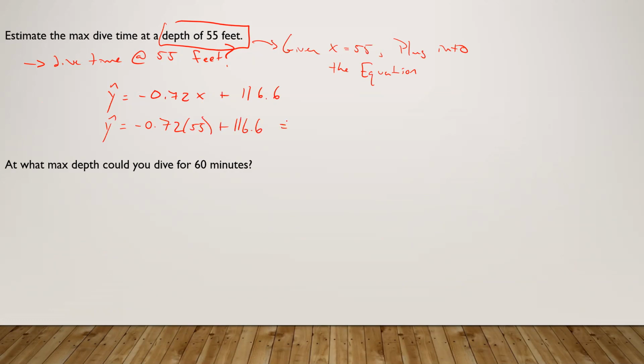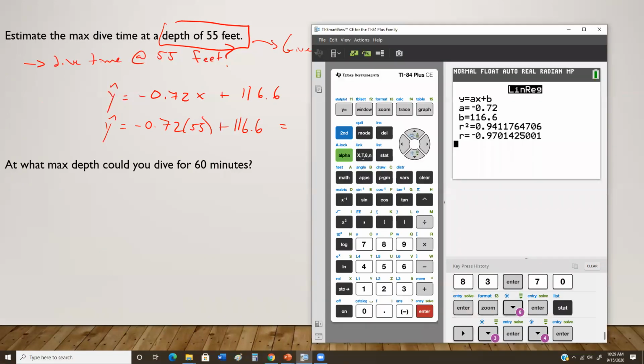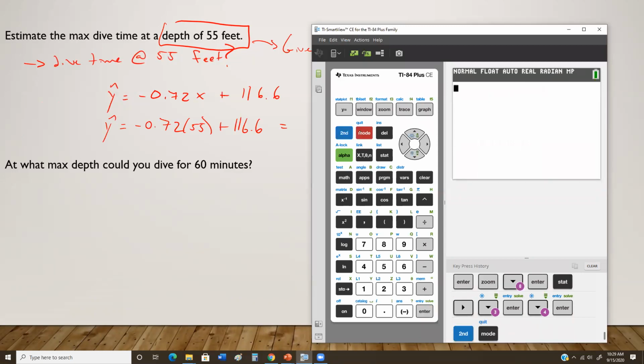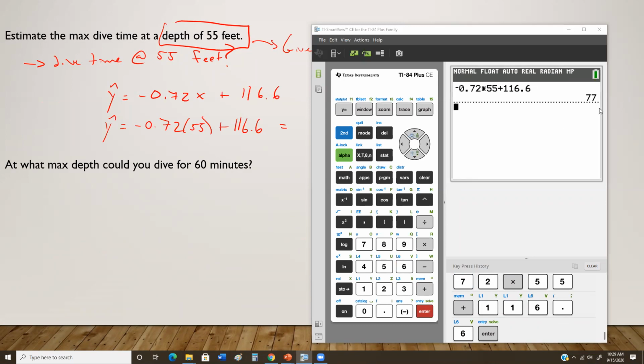Unfortunately, I didn't work this out ahead of time, so I need to grab my trusty calculator. It's minus 0.72 times 55 plus 116.6. Did anybody else get this value? Great.